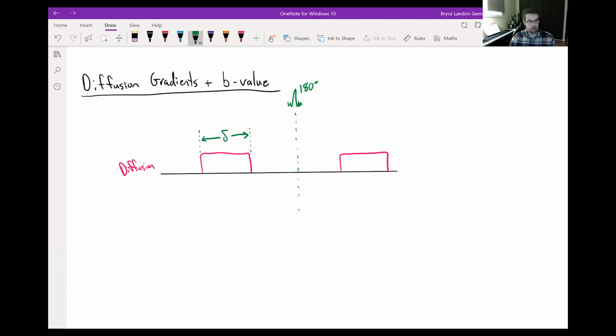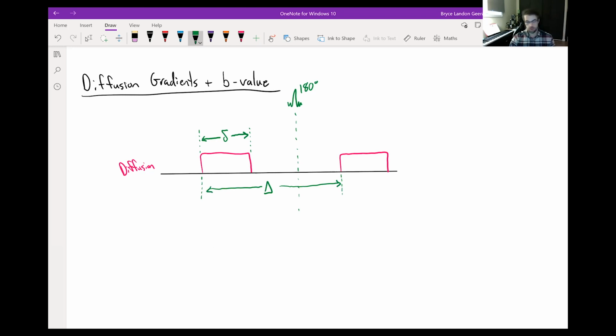Hope you all like Greek, or the Greek alphabet, because we're going to be using a little bit of it right now. The second time that matters to determine diffusion sensitivity is big delta. And that is the amount of time that you allow diffusion to occur, classically defined as from the very beginning of when you start encoding phase information to the beginning of when you start reversing that phase encoding information.